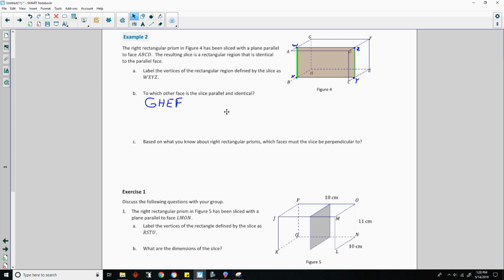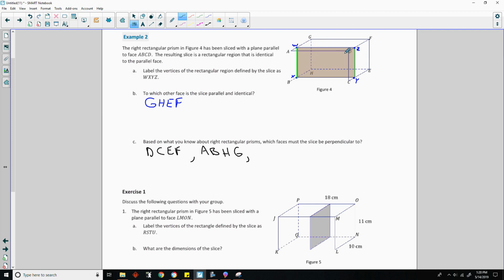So since the slice is parallel to two faces, it would be perpendicular to whichever sides those faces are perpendicular to. Therefore, the slice is perpendicular to faces on the left and right, but it's also perpendicular to the top and bottom. The left side is D, C, E, F? It's perpendicular to the left side, which is A, B, H, G. It is perpendicular to the top at this point, on this line right here.